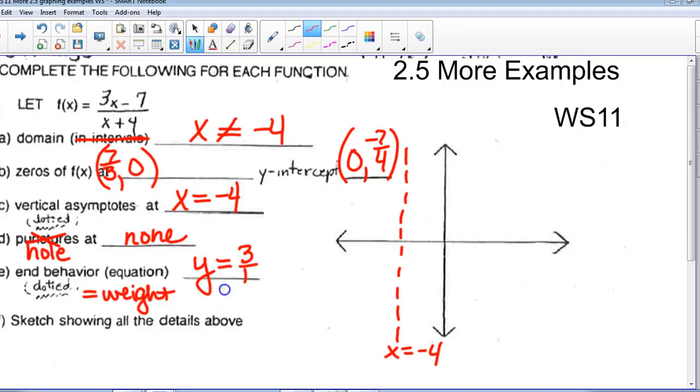So in this case, it is a horizontal asymptote. I'm lumping it all together to call it an end behavior equation because sometimes it's oblique, sometimes it's a parabola shape at the end. But if I tell you that, then I've given away half of the issue. So I'm just going to lump it all together and say end behavior.